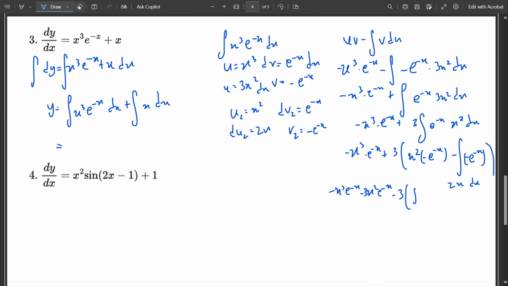We can actually make it positive, because negative and negative becomes positive. So plus 3 times the integral of e to the negative x times 2x dx, right?